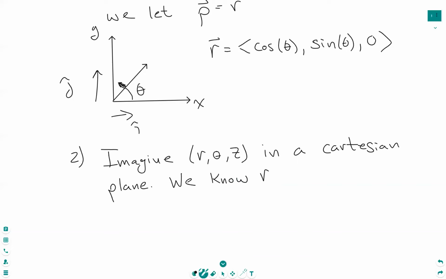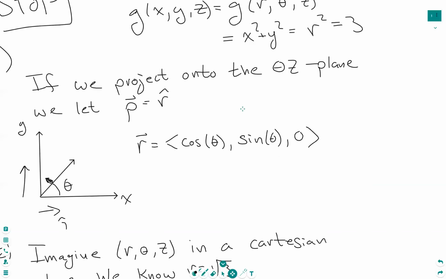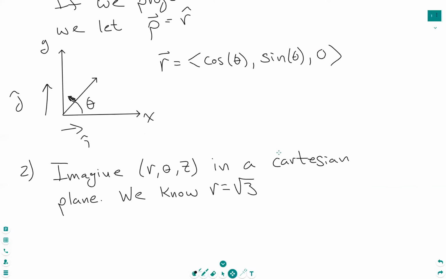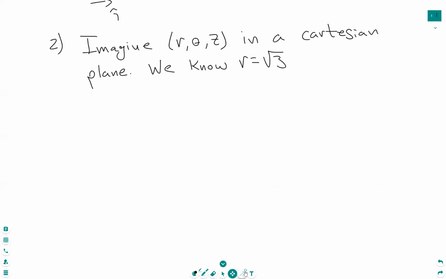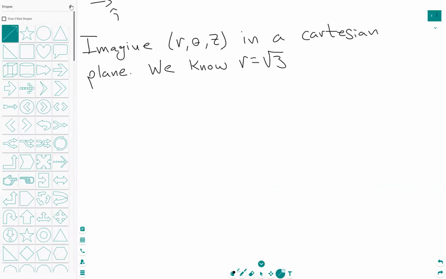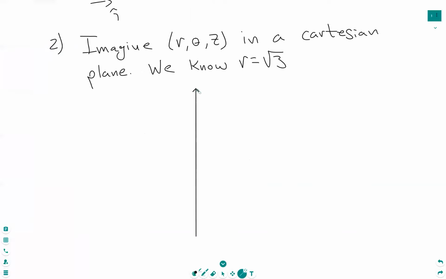We know that r is root 3, just from our function above. We said that r squared was equal to 3. So this is just a way for us to think about what this looks like.